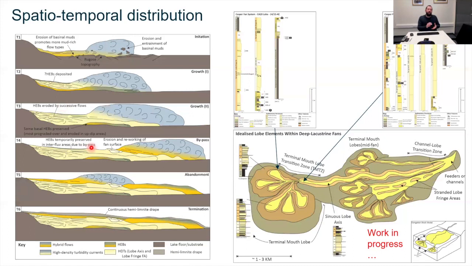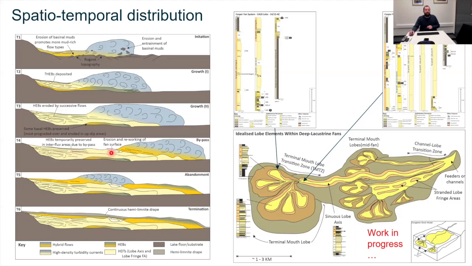And then later on, during the fan's history, changes in the hinterland drainage system or even structural effects on the fan itself might result in bypass of this part of the fan. And so essentially, a lot of these areas in here become, let's call them interfluve areas for now.